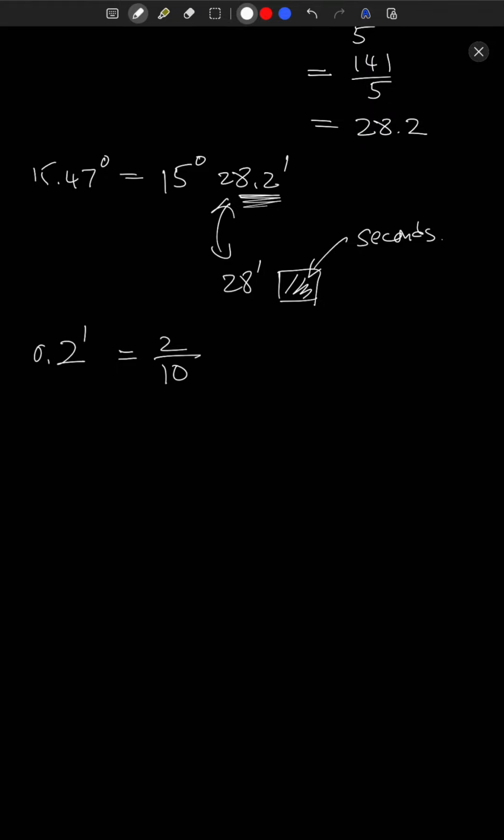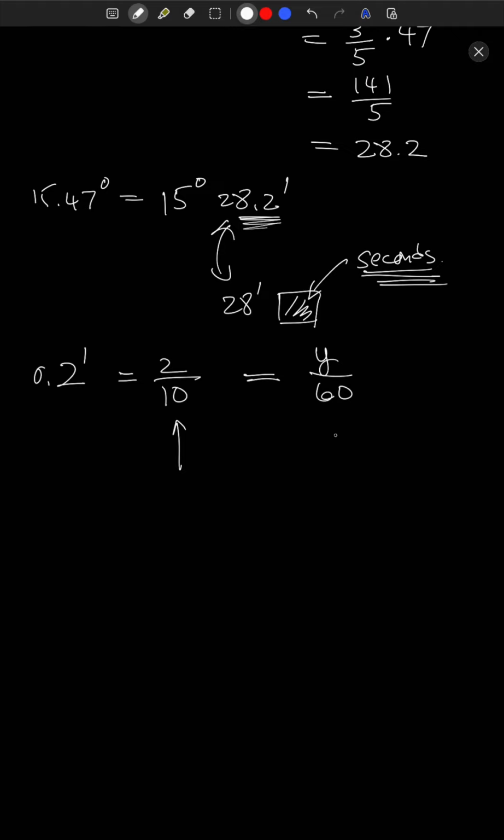Just like with time, there's 60 seconds in a minute. So if we want to express things in terms of seconds, we're talking about ratios out of 60. So this 2 out of 10 should correspond to something, let me call it y since I used x above, out of 60. So again, this 2 out of 10 is expressing decimals, whereas this y out of 60 is expressing seconds.